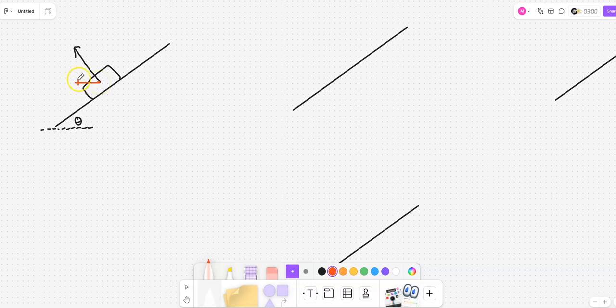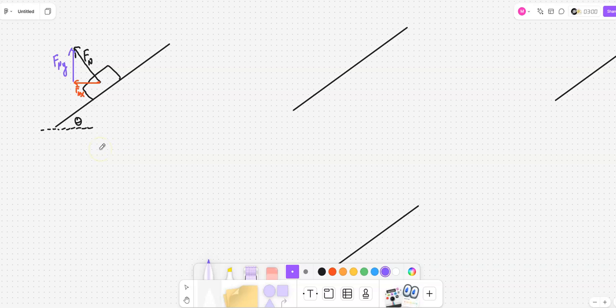That's going to be the force normal in the x direction. Then in purple we'll go up this way, force normal in the y direction.